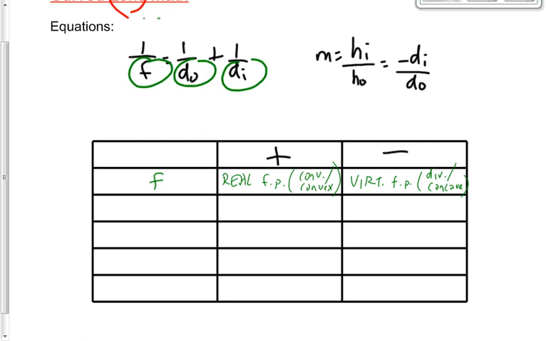So the same basic fundamental answer applies here for lenses as it does for mirrors. If you have a converging lens or a converging mirror, it's a positive focal length. But a converging lens is convex, a converging mirror is concave. So we got to keep straight the difference there. That's the only difference, but it's an important one.